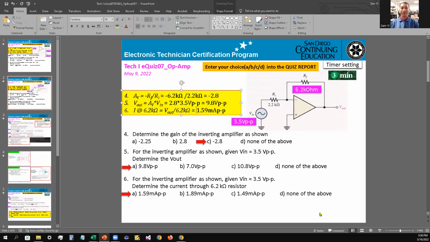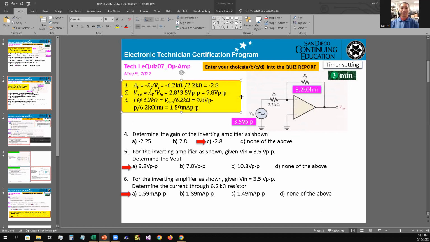This was supposed to be 9.8 volt peak to peak divided by 6.2 kilo ohm equal to that. All right, so the answer is A as in apple for number 6.